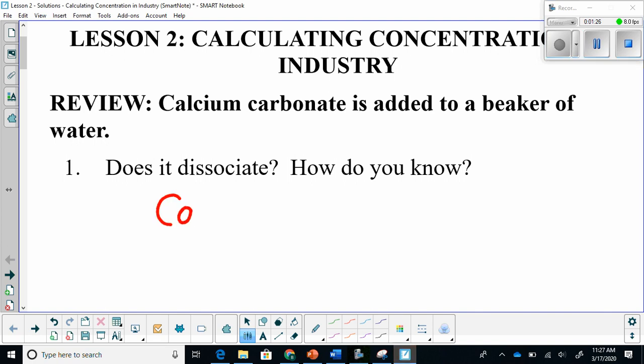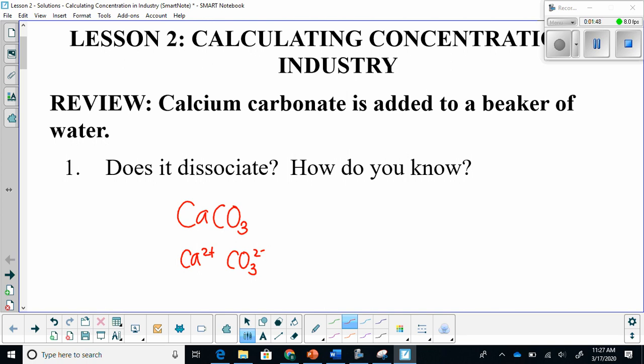First thing you do is write a chemical formula for the compound. You're going to see what ions form this compound. There's a calcium 2 plus and a carbonate 2 minus ion that form this compound together.